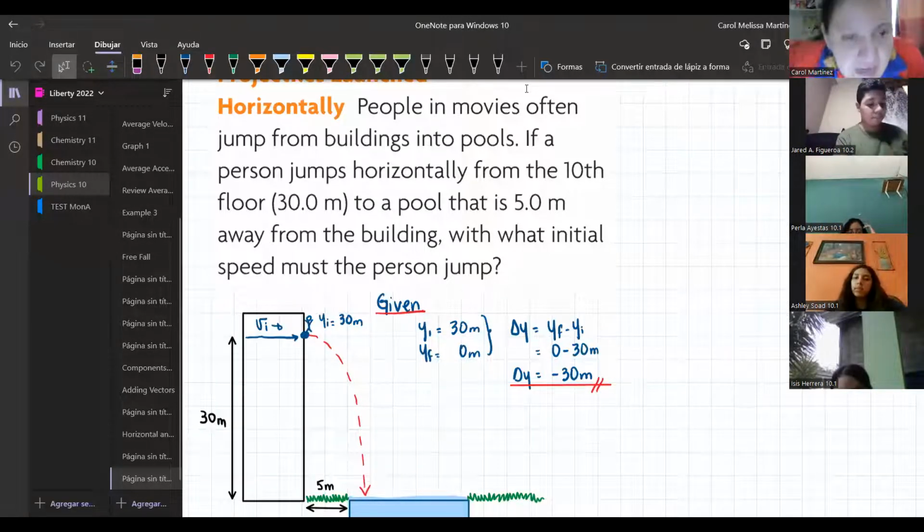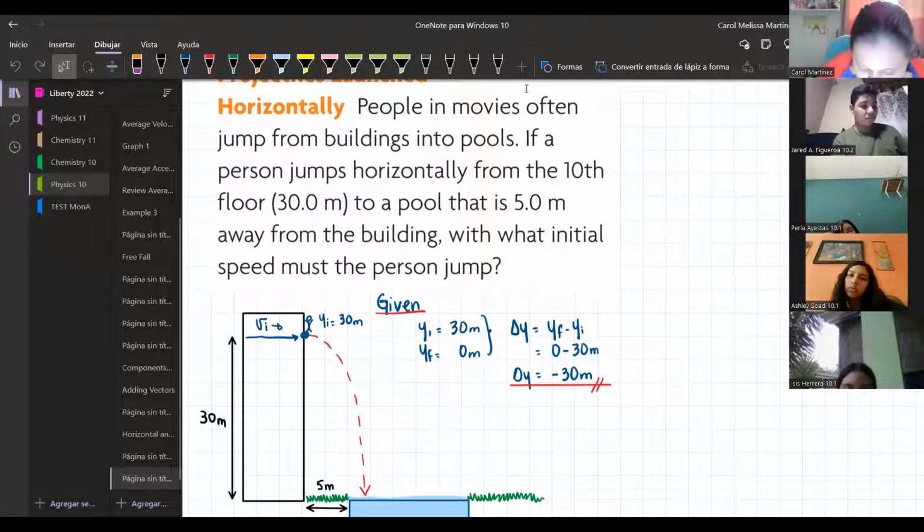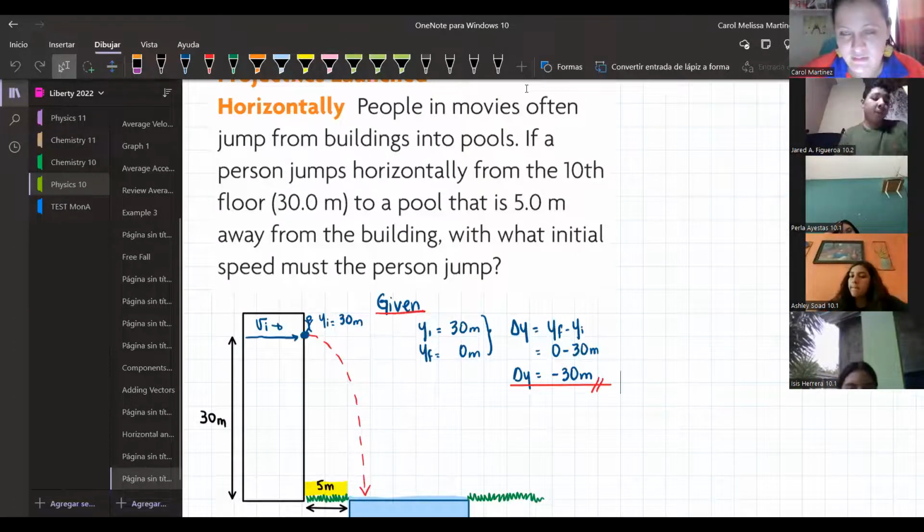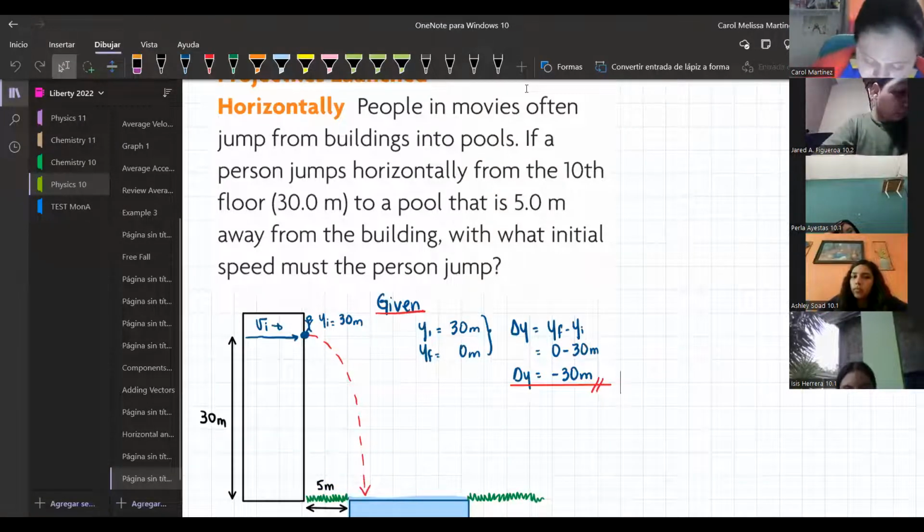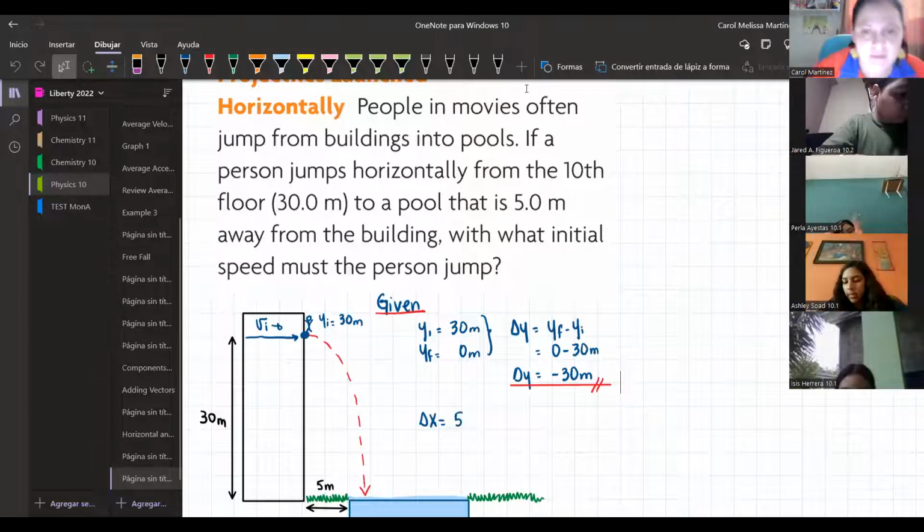Now, what else do we have? This distance that I have between the pool and the building, is that a vertical distance or a horizontal distance? Horizontal distance. It's a horizontal distance, okay? So that's my other given. So my delta x is gonna be 5 meters, okay?